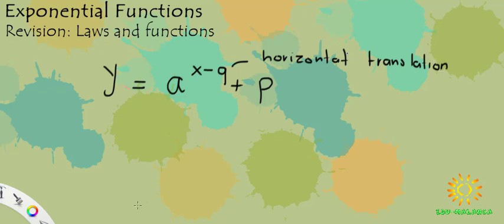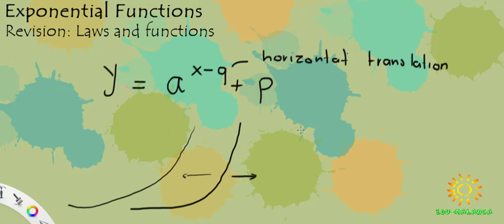So if your graph, for example, was looking like this, and then you change your power from being just x and you make it x minus q, which is a certain number that you can choose, what will happen is that your graph is going to translate horizontally, and it will look something like this, or it will go to this side depending on the value of q.